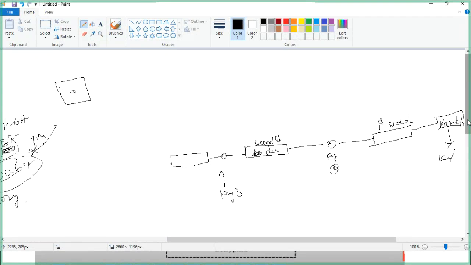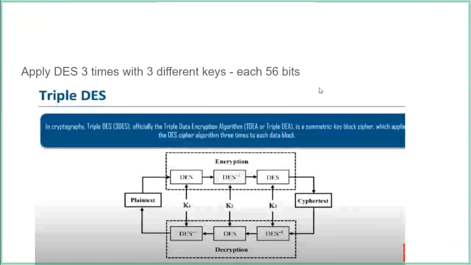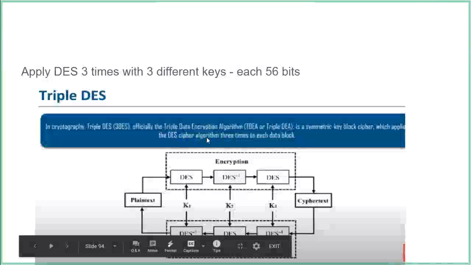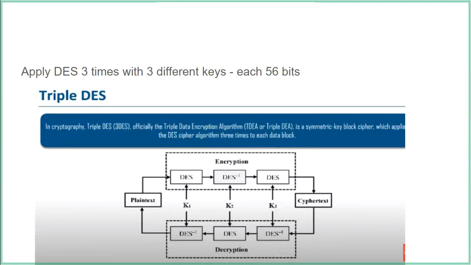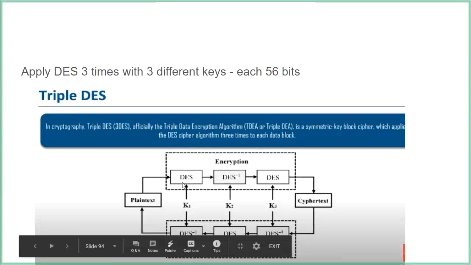Just remember till here. 3 times it will be encrypted. That much you remember. If you are not understanding, I will give some other links if someone wants to go through it. But now you just remember till here. You will be applying triple the times, the key applied 3 times, so that you get a strong ciphertext.